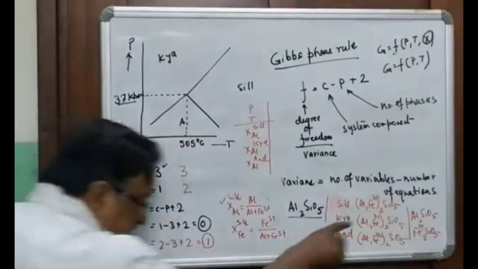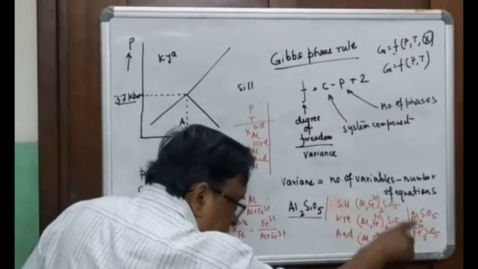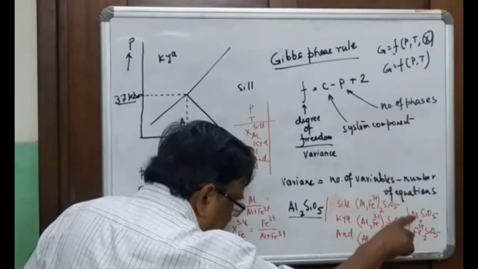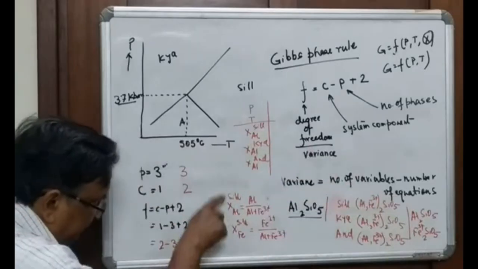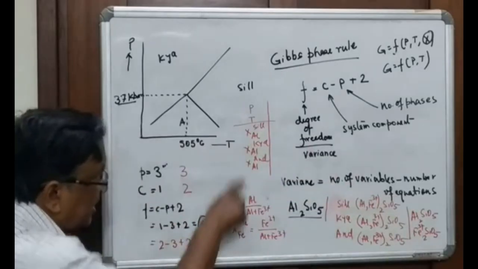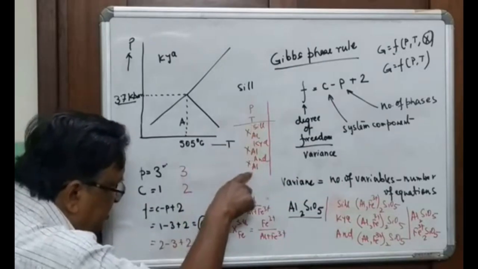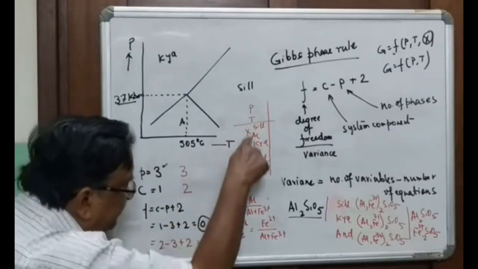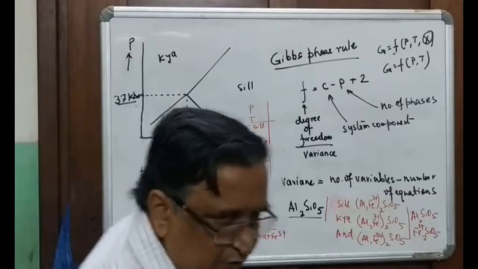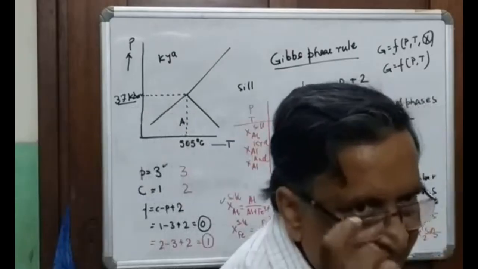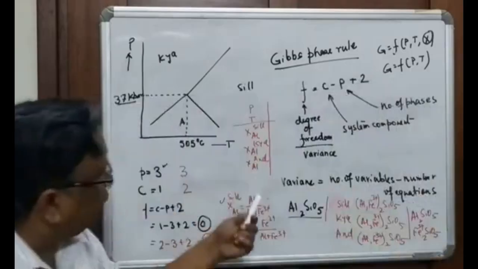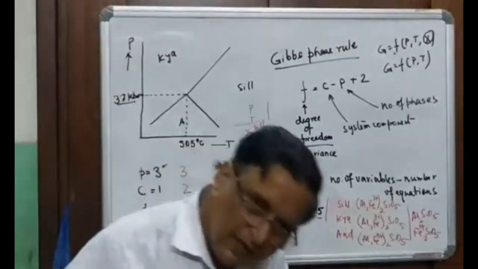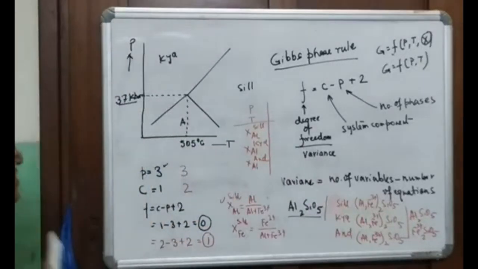So in this bicomponent system, with these components and these variables, the Gibbs phase rule tells you that out of these 5 variables, give me an input of 1 variable, and I will tell you all the remaining 4. How? I will tell you later. Have you understood? This is very important.